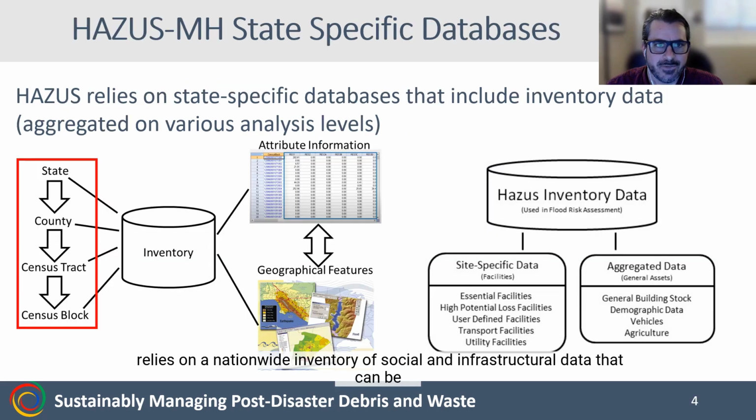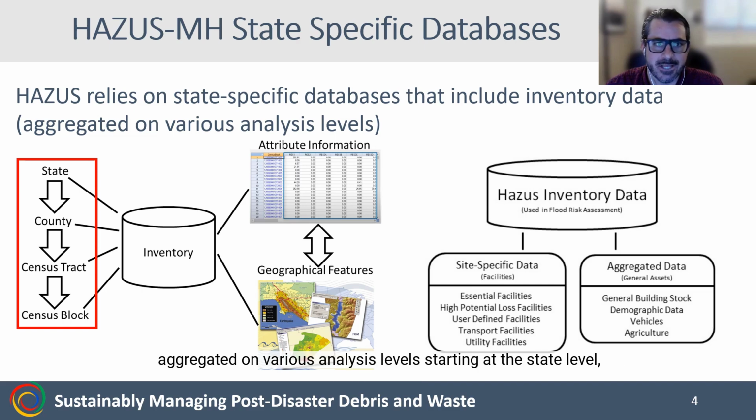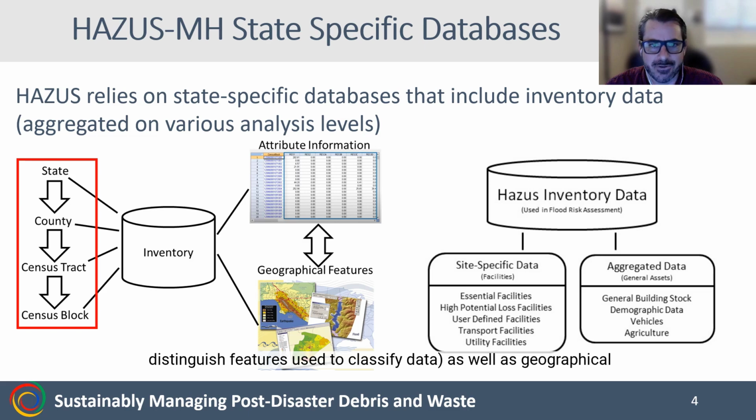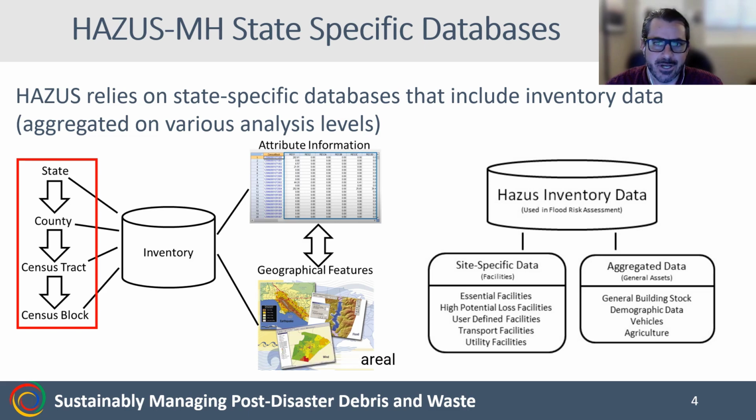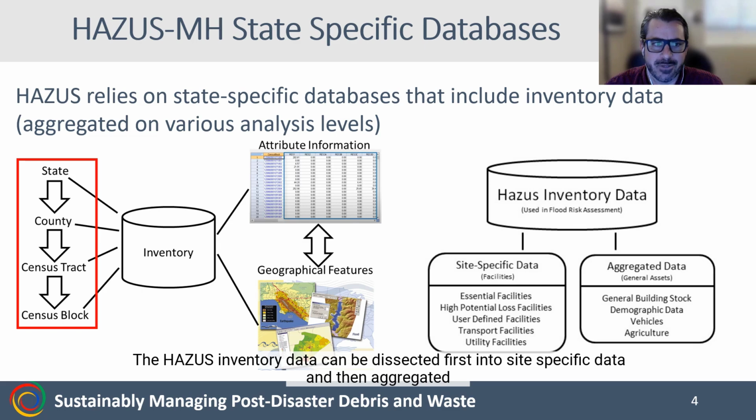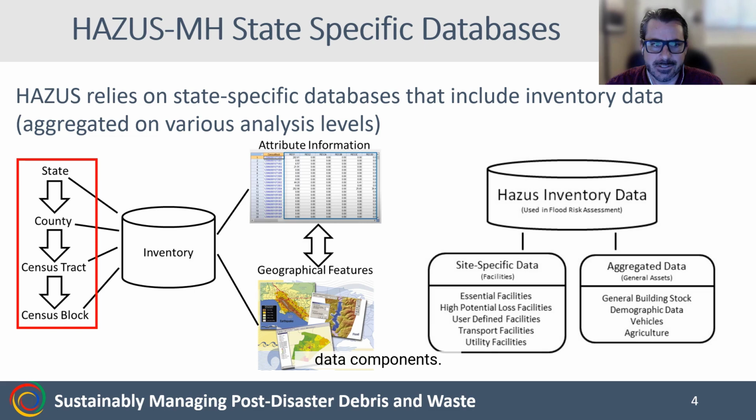HAZUS-MH relies on a nationwide inventory of social and infrastructural data that can be aggregated on various analysis levels, starting at the state level, more coarse analysis, and progressing down to the census block level, the finest detail. These inventories include both attribute information, in other words, distinguishing features used to classify data, as well as geographical information, in other words, location, area, extent, etc. The HAZUS inventory data can be dissected first into site-specific data and then aggregated data components.